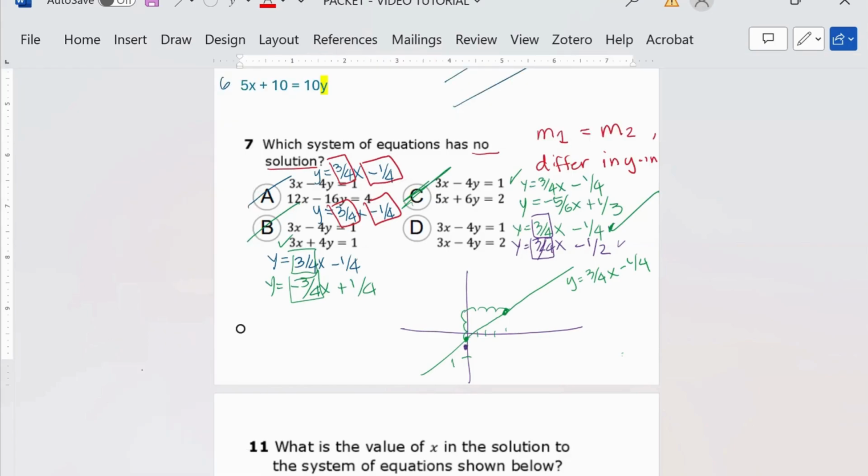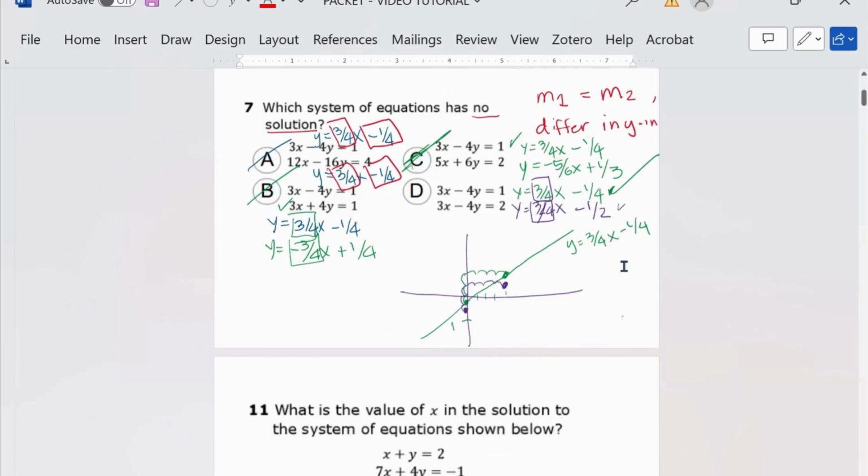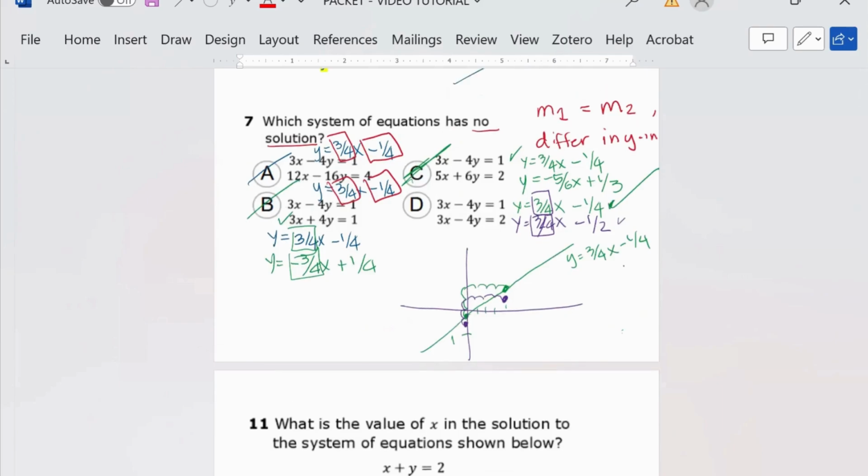Somewhere here, negative 1/2, because this has 1, the half of that. Then rise by 3, so 1, 2, 3, and then to the right by 4. 1, 2, 3, 4. Somewhere here. My graph is not that exact, but later on I'm going to show it to you using Desmos.